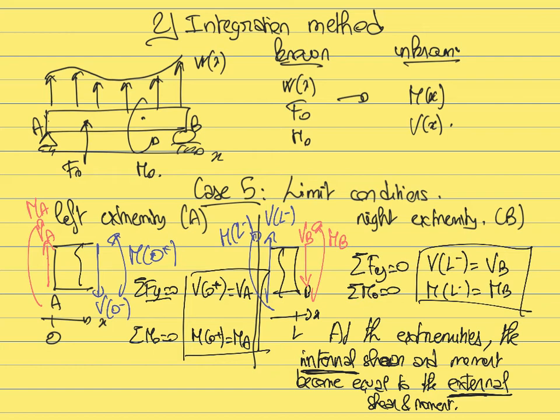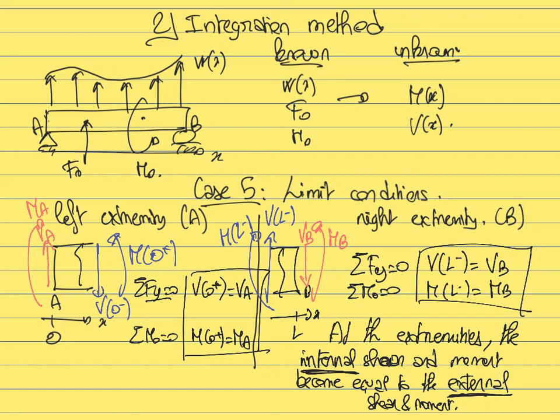It's going to be a useful relationship because it means that if you first calculate the value of the unknowns at the two extremities, the shear and the moment that are applied by the support at the two extremities of the beam, then that tells you the value of the internal shear and the internal moment at those two points.